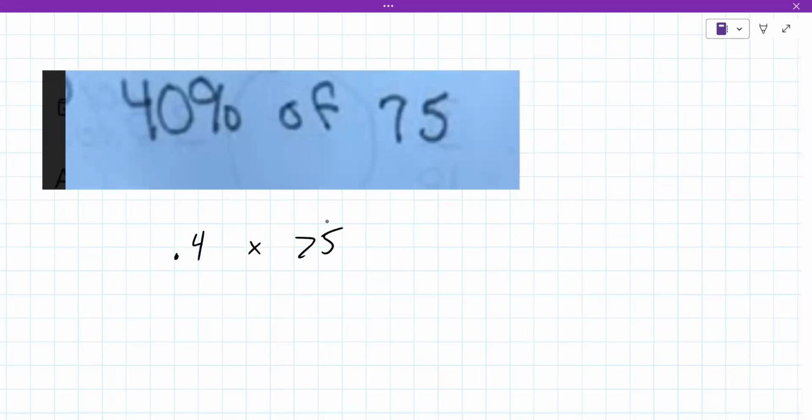So you go to your multiplication, make sure you move the decimal in the right place. 4 times 75. $30. Yes, very good.